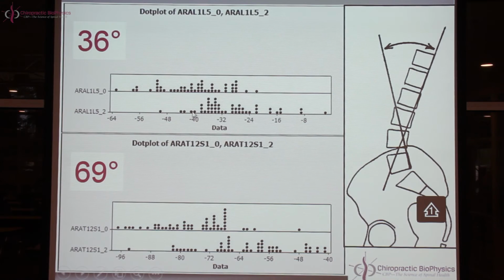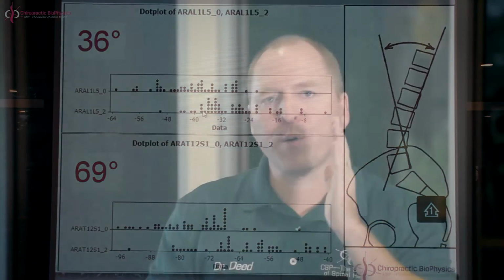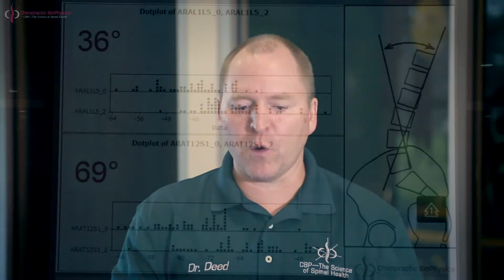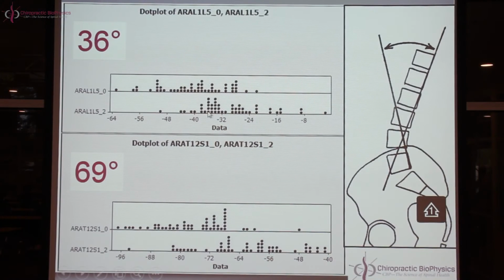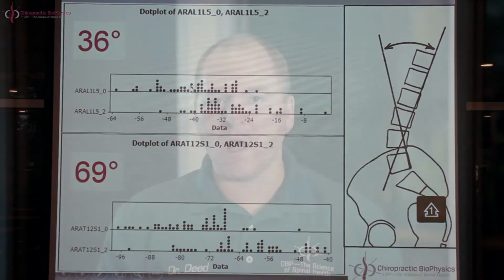Now, there are some subjects above that. There's no such thing as a perfect cutoff value, but this is actually a very good cut point, 36 degrees. If you're less than 36 degrees, you're statistically in the chronic back pain group. If you're above 36 degrees, look at this, you're in the normal subject group. That's the L1 to L5.